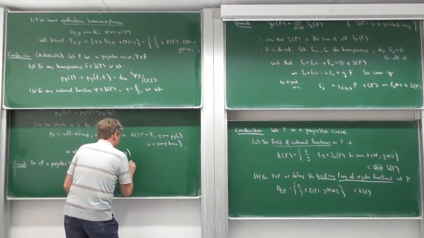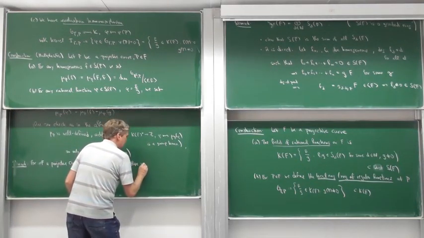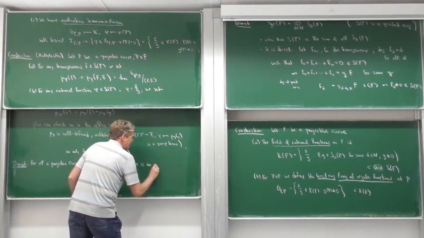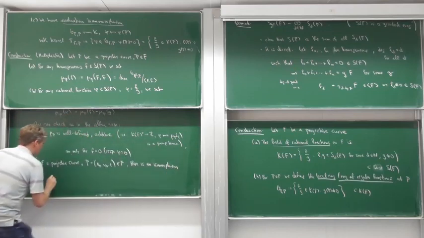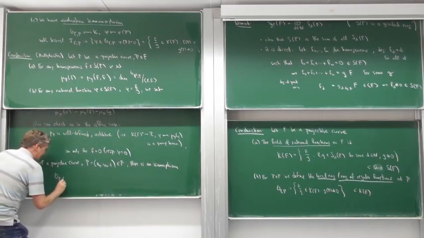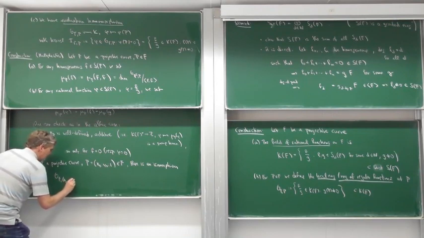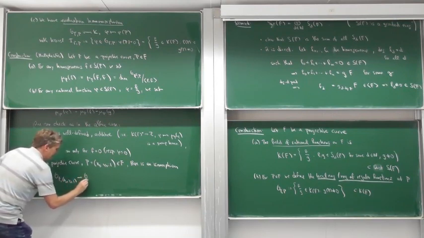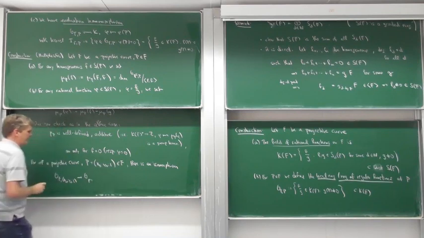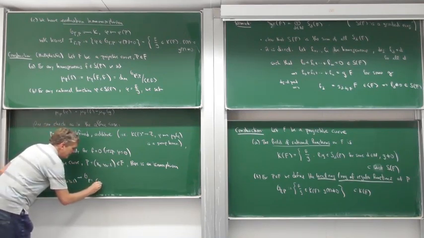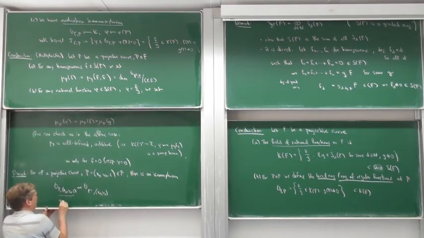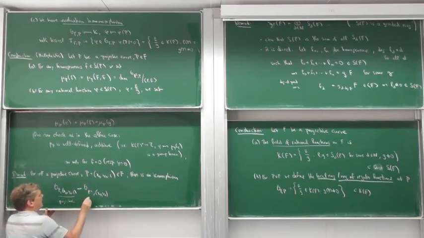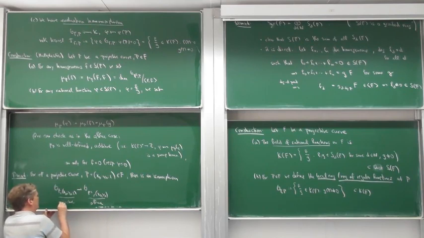There's an isomorphism between the local ring in the affine and the projective case. Namely, there is an isomorphism from O of F at this point (x0, y0, 1) to the local ring of the inhomogeneous part, which we call F_i, at the point (x0, y0). So the situation on the left is the projective one, and on the right it's the affine one, and that is just given by dehomogenization.